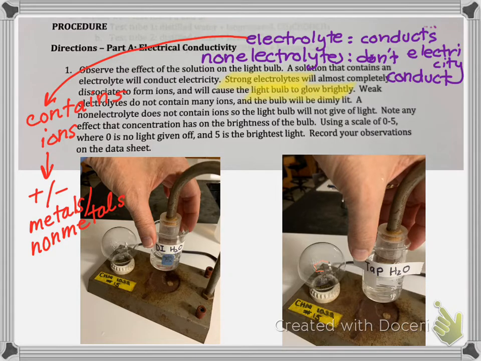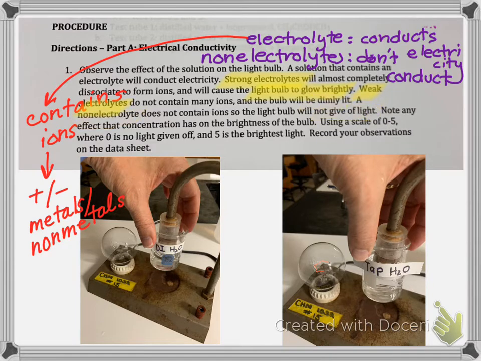Weak electrolytes do not contain very many ions and the bulb will be dimly lit. A non-electrolyte does not contain any ions, so the light bulb will not give off light.